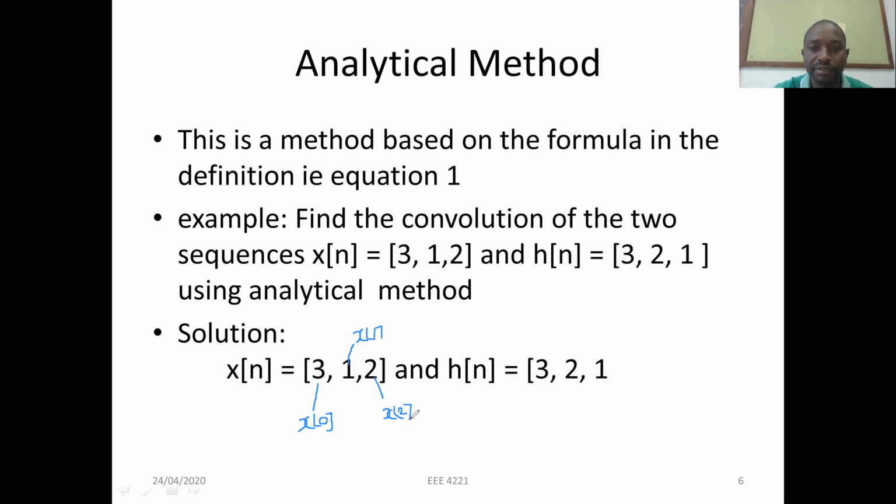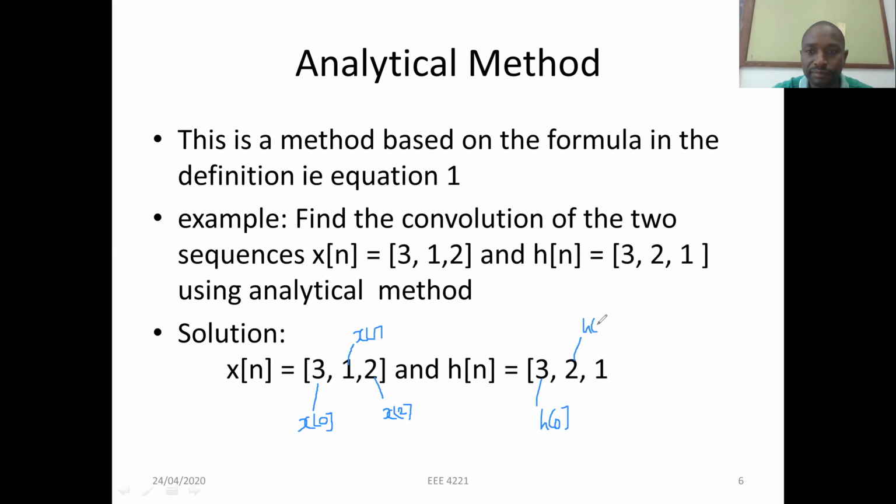It's very important to remember. Equally, under the second signal, this will be at position h of 0, and then the 2 here will be at position h of 1, and this one here will be at position h of 2.